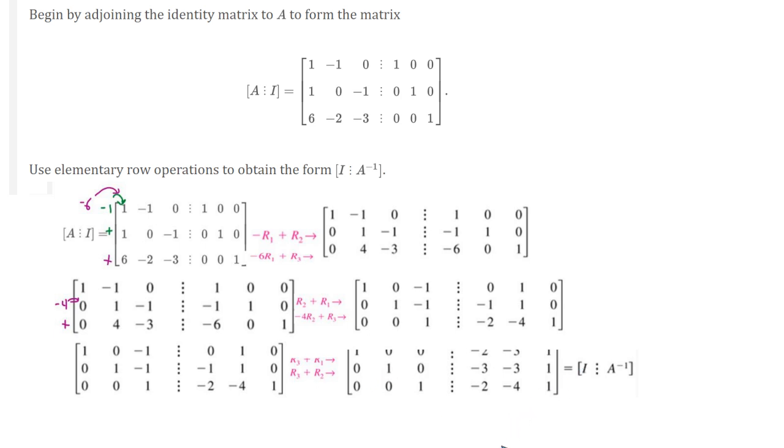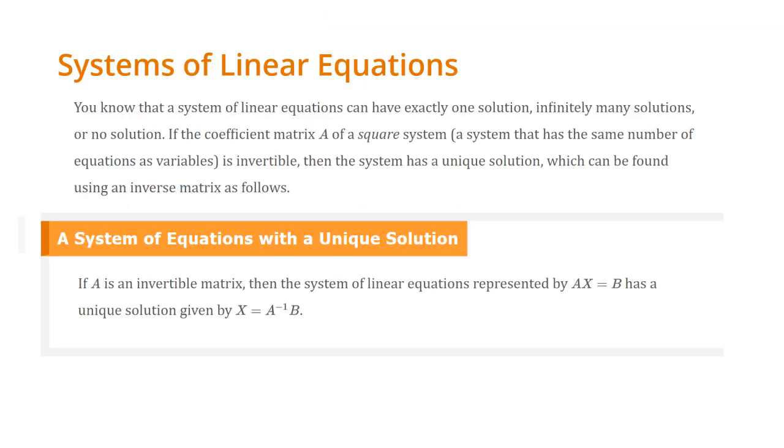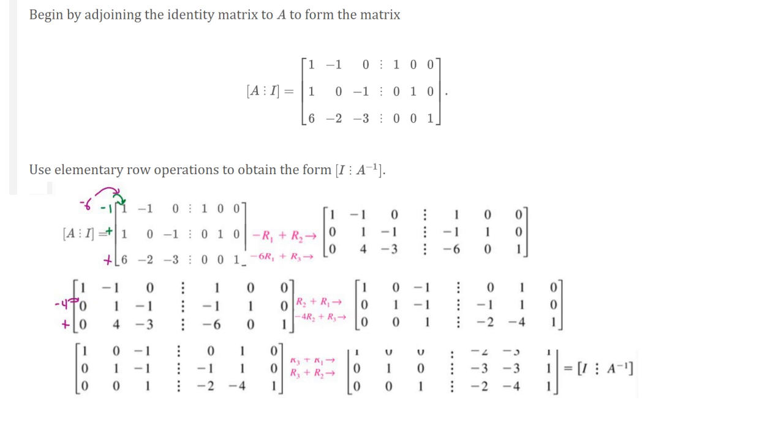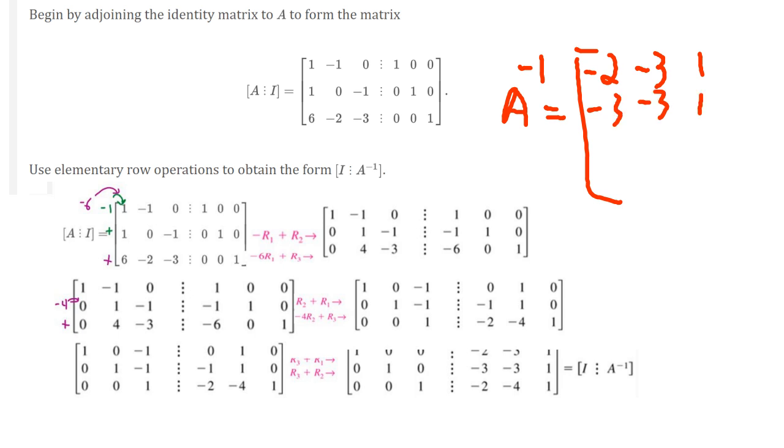So our inverse, we can write it as A inverse is equal to negative 2, negative 3, 1, negative 3, negative 3, 1, negative 2, negative 4, and 1. So this is our inverse.